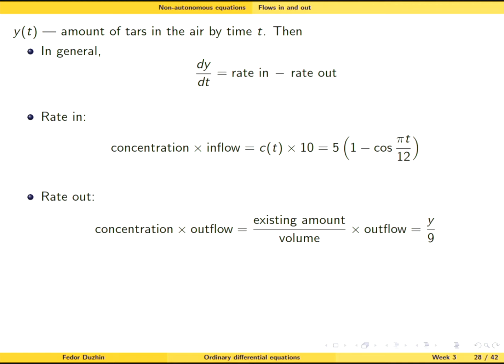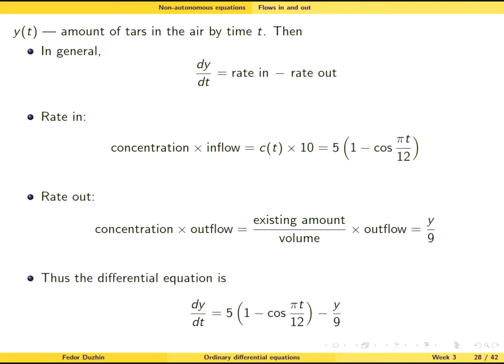So the existing amount is y, volume is 90, outflow is 10. And so y divided by 90 times 10 is y over 9. That's how we got this. And then putting it together, we get this differential equation.